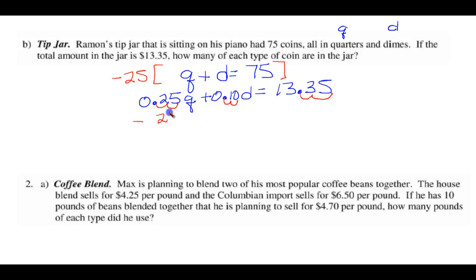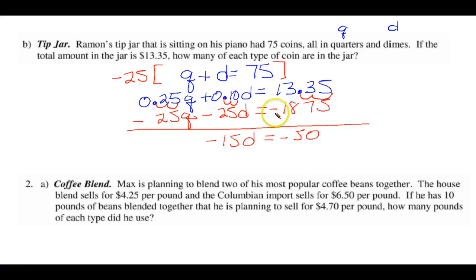Negative 25q. Negative 25 times d is a negative 25d. And a negative 25 times 75, I'm using my calculator, I got a negative 1875. Now when I subtracted that from this, I got a negative 540.